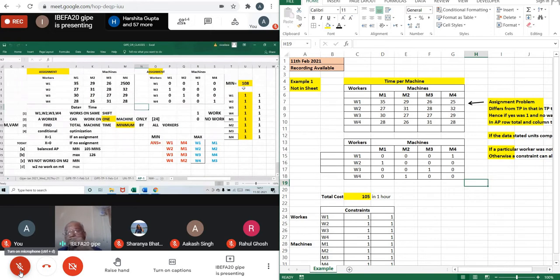Now how many minutes will it take to complete the task? 108, which we have actually repeated.